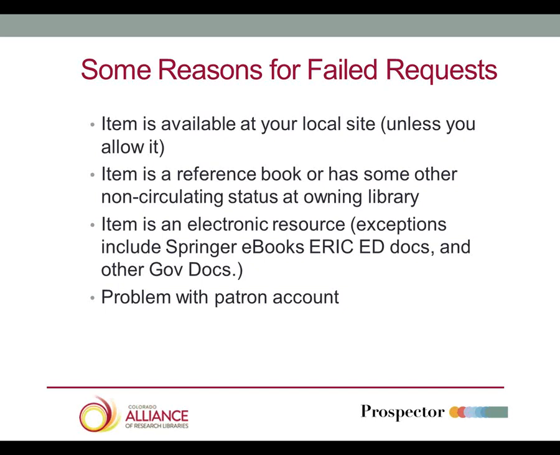There's about 8 libraries in this contract for Springer, but they're allowing these libraries to lend them all throughout Prospector, and actually even beyond that. We also have the ERIC documents and other government documents. Another reason is a problem with the patron accounts, because remember, it's going to first make sure the patron is in good standing and doesn't have any blocks before it allows that patron to borrow.